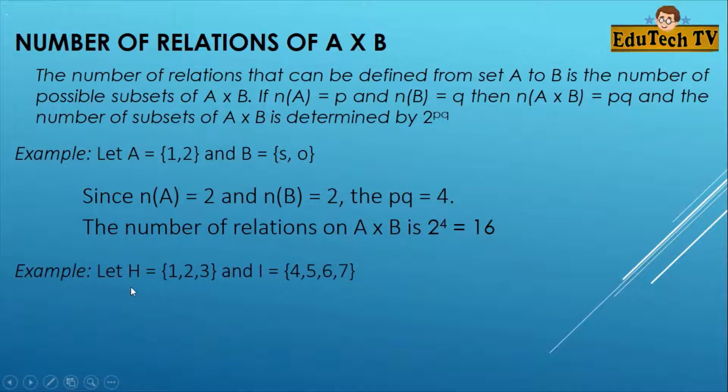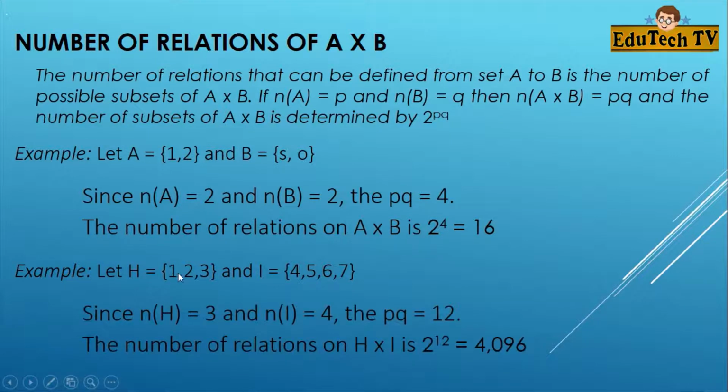Another example, let's make use of H equals 1, 2, 3 and I equals 4, 5, 6, and 7. So how many relations do we have from H to I?